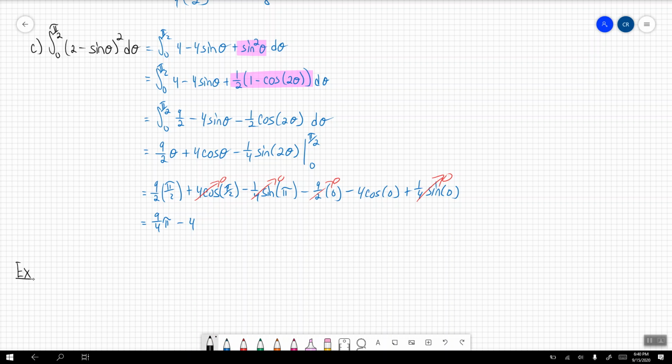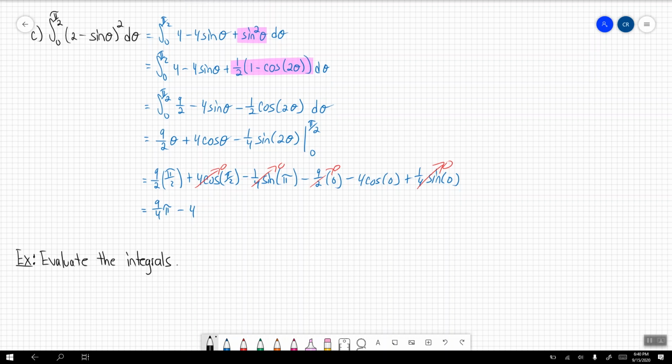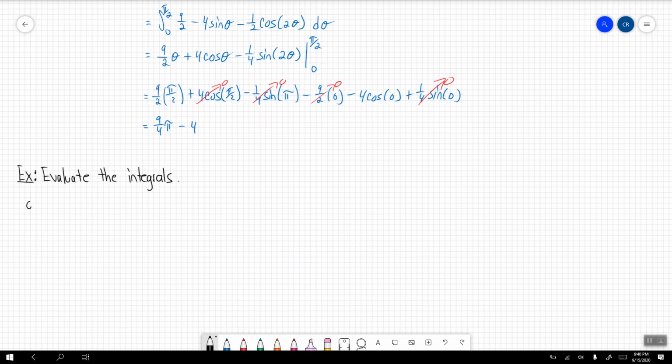Now let's keep going, and again what we want to do is evaluate the integrals. One of the first integrals that we're going to be looking at is part A here, which is the integral of tangent squared of x multiplied by cosine cubed of x dx.